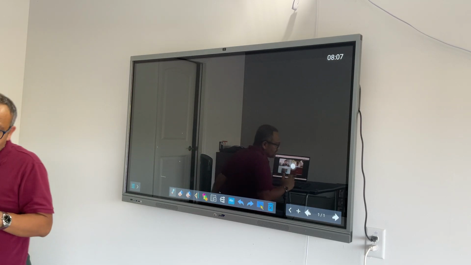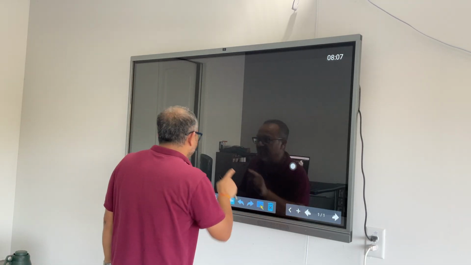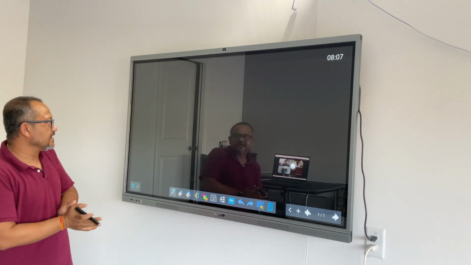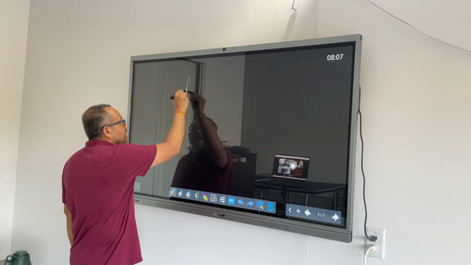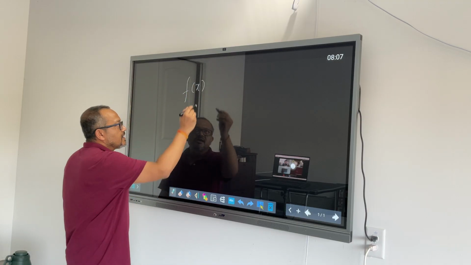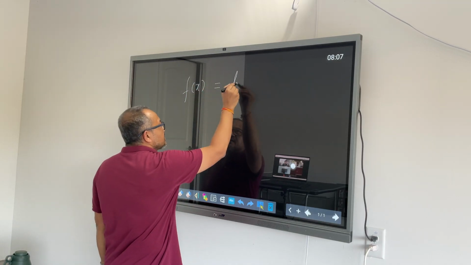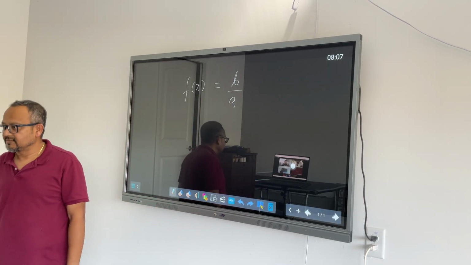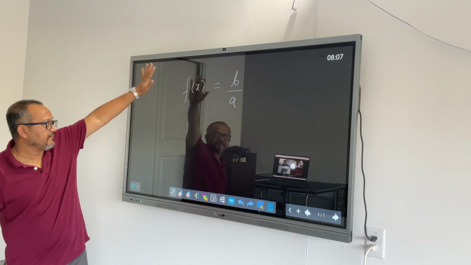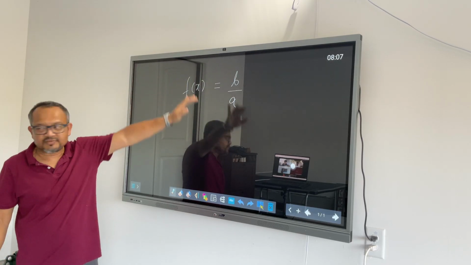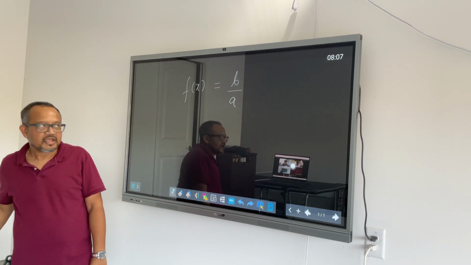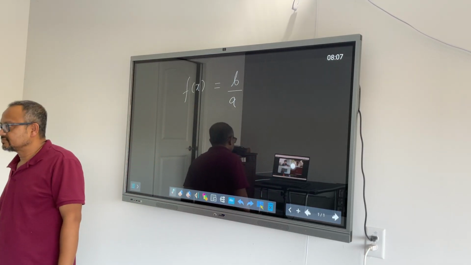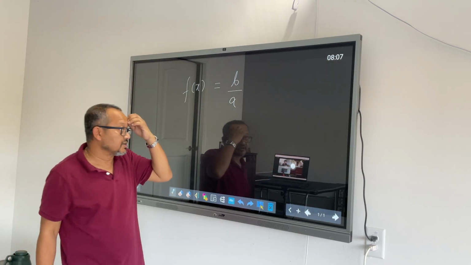Let's look at certain scenarios first before we get into more details of how we solve things. Let's say I have a function f of x which equals b over a, where b and a are both real numbers greater than 0. There are three scenarios.